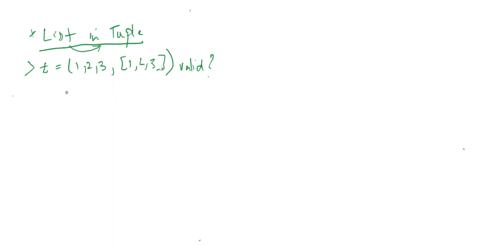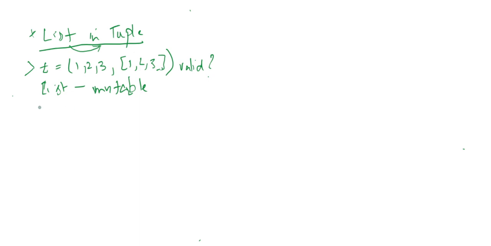First of all, we need to understand why this question arises in the first place. As we all know, list is mutable. Sorry, list is mutable. We can change the list, like we can add an element to our list or delete some element from the list.